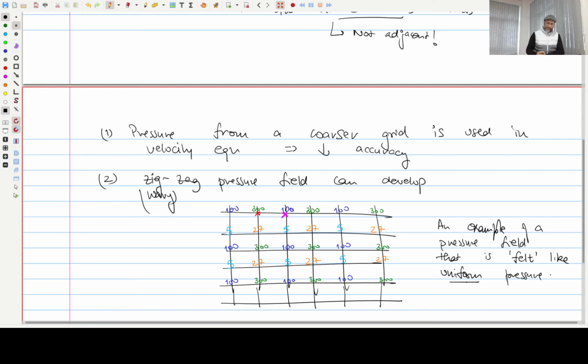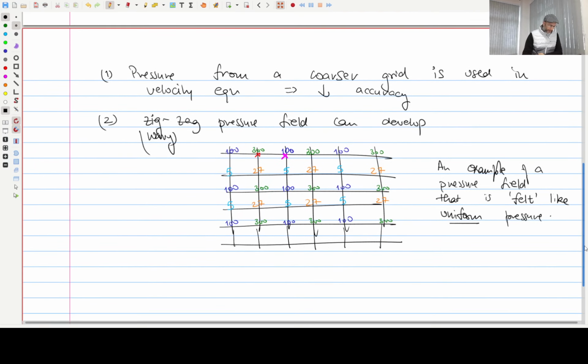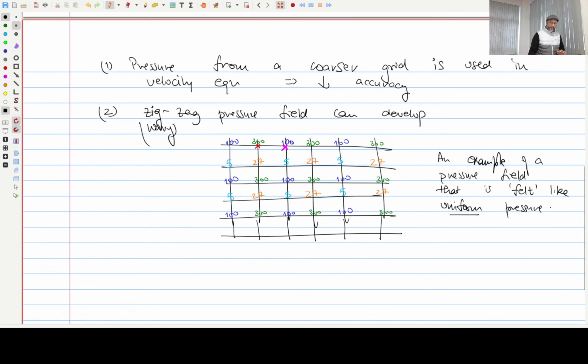So this is an example of a pressure field that is felt like a uniform pressure by the equations. This kind of a pressure distribution is also sometimes called a checkerboard pressure distribution or a checkerboard pattern.